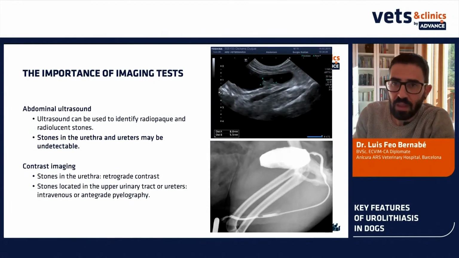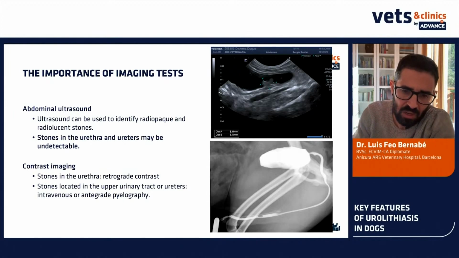For sure, the abdominal ultrasound is very important when we think of uroliths. Obviously, in abdominal ultrasound, you can identify radiopaque and radiolucent stones. However, we have to think that we are sometimes missing some uroliths in the urethra and ureters with only the abdominal ultrasound.